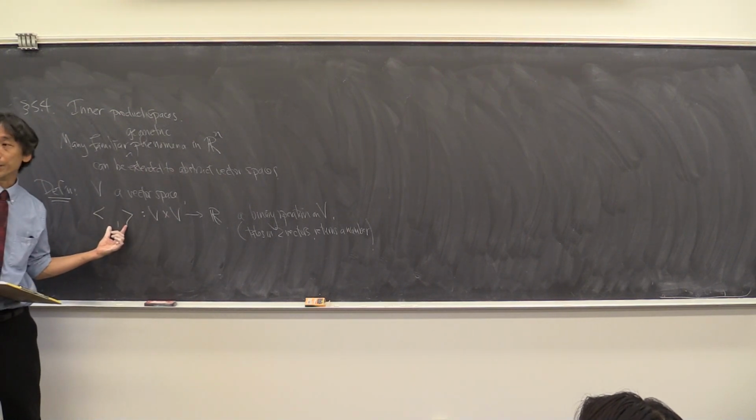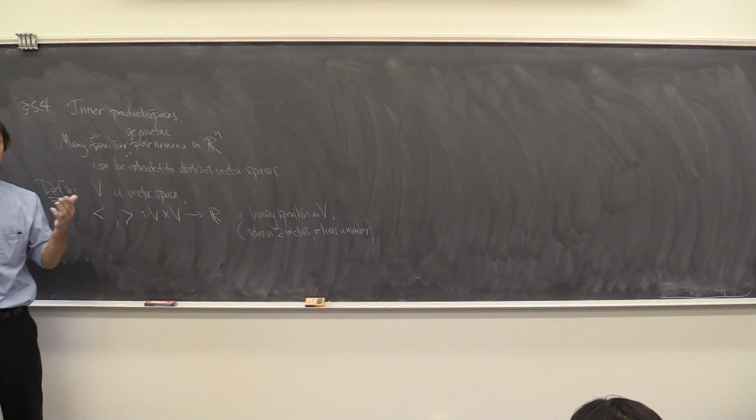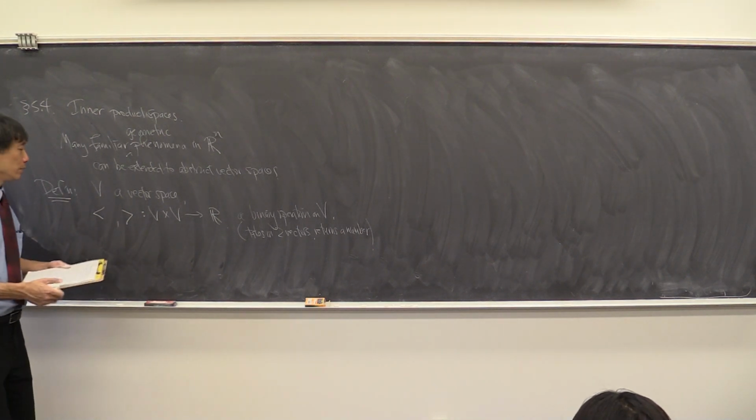So it's just like the dot product, which takes two vectors and gives you back a number.